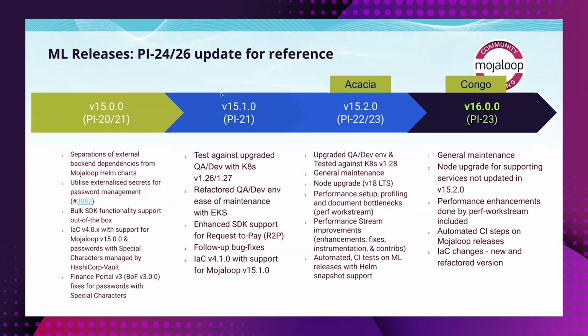Just a reference of the work done in the past two PIs. We had a version 15 a while ago, then we iterated over that, 15.10, 15.20, and 16 was a significant update. It was a lot of performance improvements where we proved that Mojaloop can do 1,000 to 5,000 TPS.